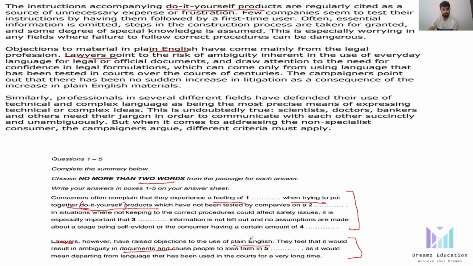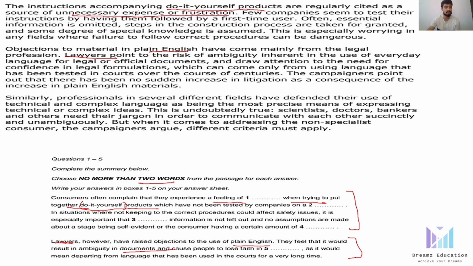Unnecessary expenses or frustration. And they have asked here, experience a feeling of something.